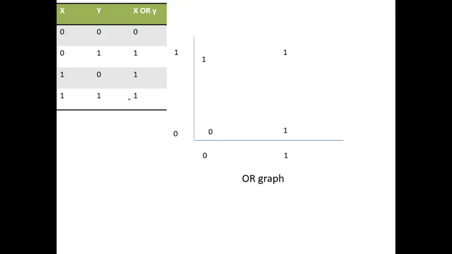Now I want to separate these zeros into one group and ones into another group. So with this single straight line, you see here, ones into one group and zeros into another group. So OR is also linearly separable.